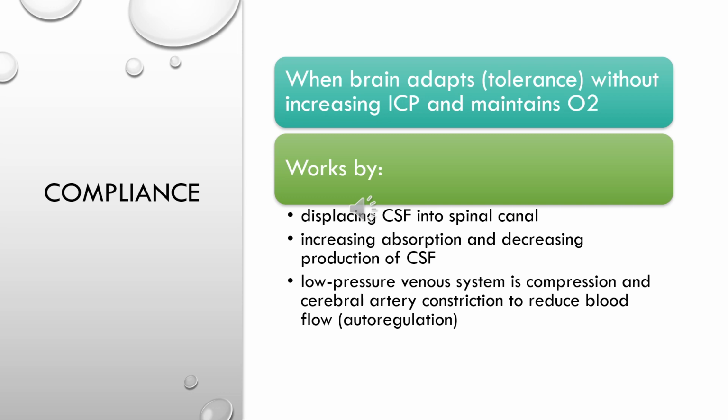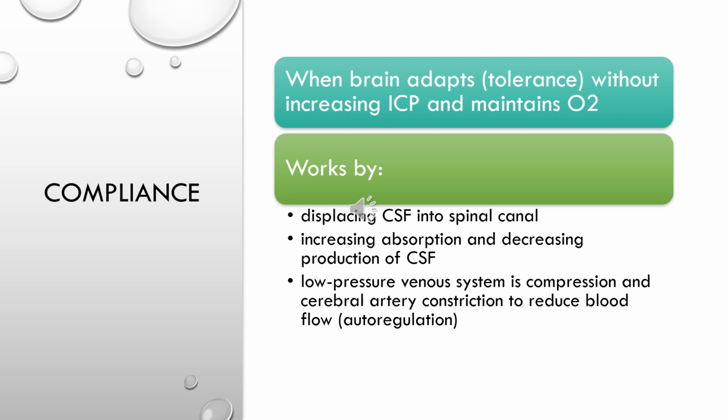This works by displacing the CSF into the spinal canal, or increasing absorption and decreasing production of that CSF. And I kind of talked about that earlier on one of those other slides, where that's one of those things the brain tries to do to accommodate itself, or one of these compensatory type mechanisms where it's trying to adapt.